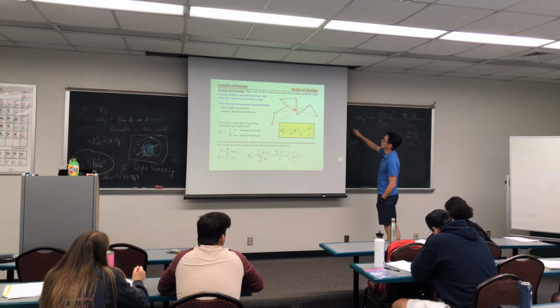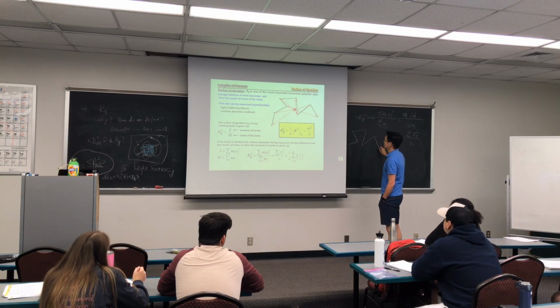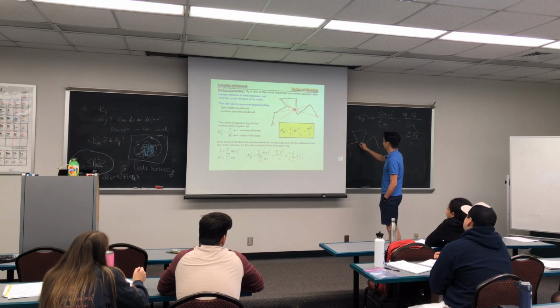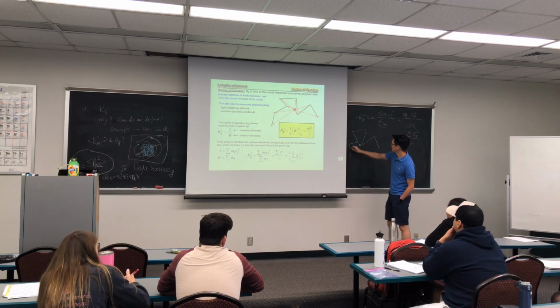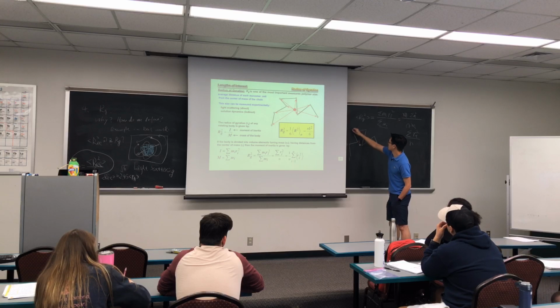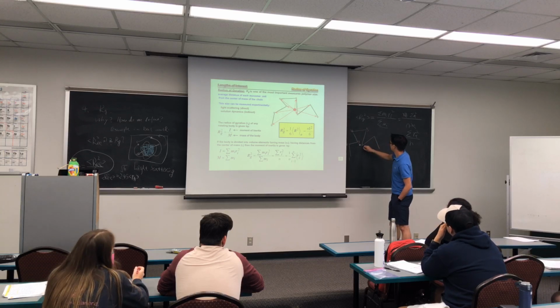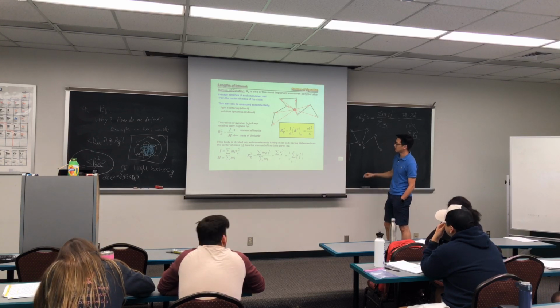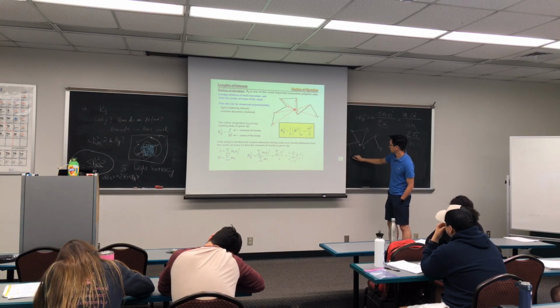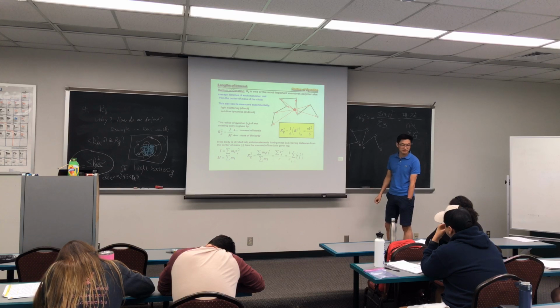If I try to copy the same drawing, this is the center of mass. This is bond 1. Location, I just mark in. In the previous case, we always talked about what is the bond in different directions.